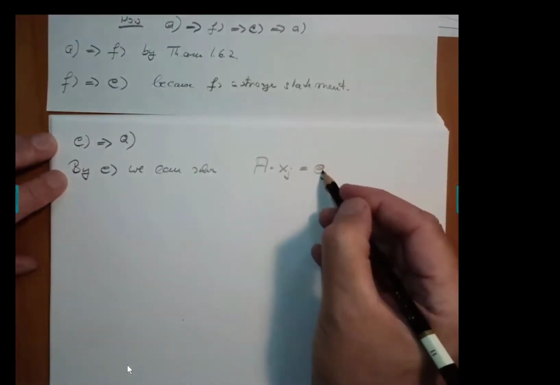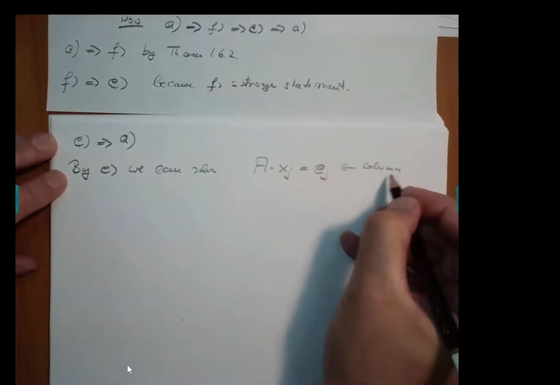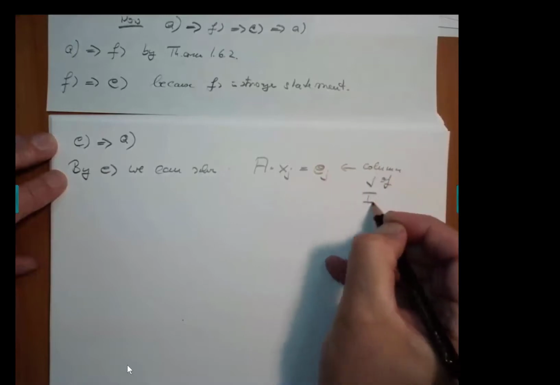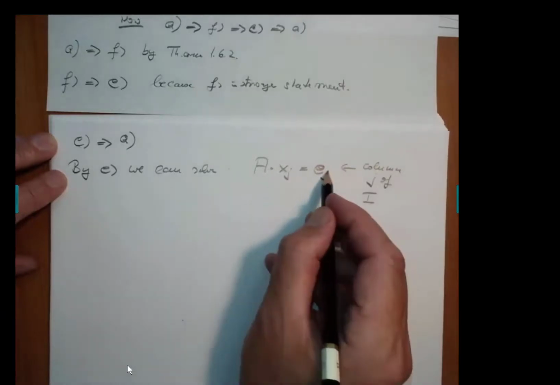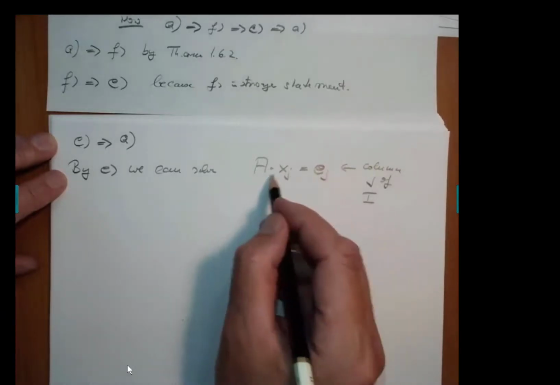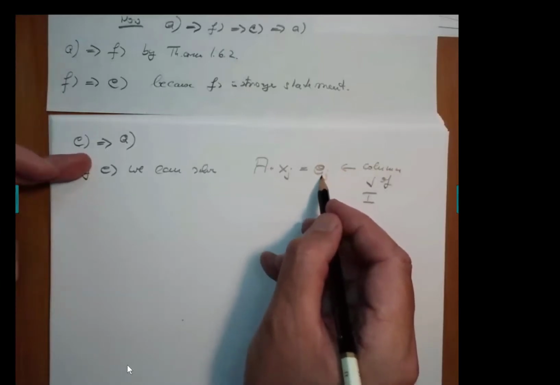Remember, ej was column j of the identity matrix. So we can solve Ax1 equal to e1, Ax2 equal to e2, and we can solve them because you can solve Ax equal to b for every b, and these are now our b's.